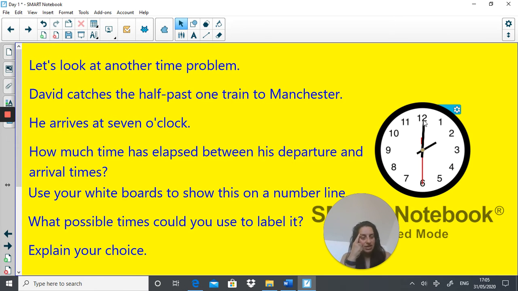Keep that in your mind, 30 minutes. And then it's 1 hour, 2 hours, 3 hours, 4 hours, 5 hours, and 30 minutes. Let's see if we can represent this on a number line.